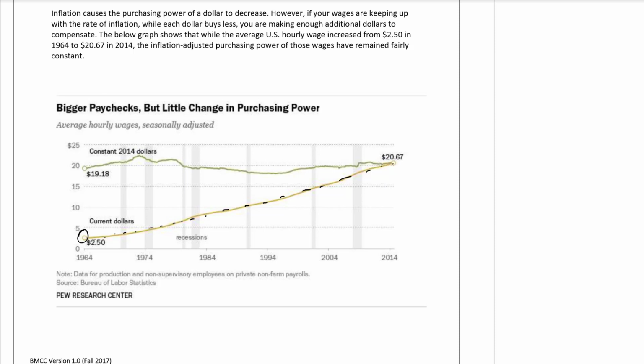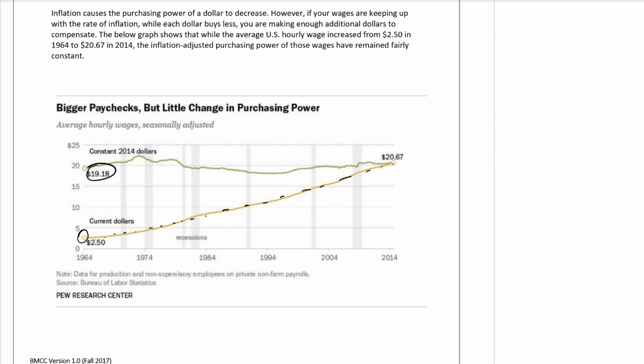But if you adjust that $2.50 in 1964 based on the CPI-U index, now we can finally understand what it means to adjust to that year. It means you have to compare it to the CPI. So that $2.50 in 1964 is like $19.18 in 2014, which is pretty comparable.